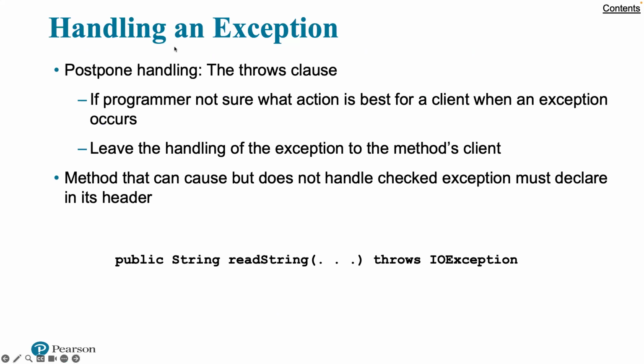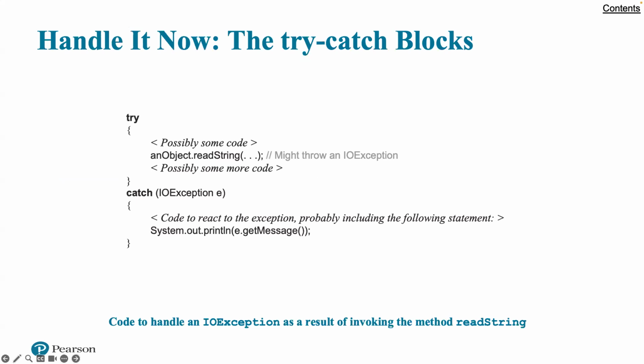So you can handle an exception, you can postpone it, you can throw it to somewhere else, and perhaps it can be handled there. Maybe it goes down to a subroutine and says, uh-oh, and goes back up. And if it's able to resolve it, then it could be sending it back down to that subroutine. You can handle it now. You can have a try, and then you could catch it.